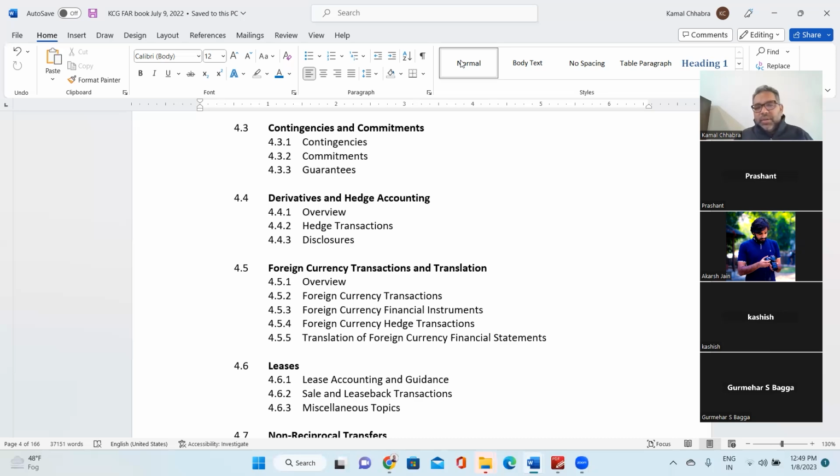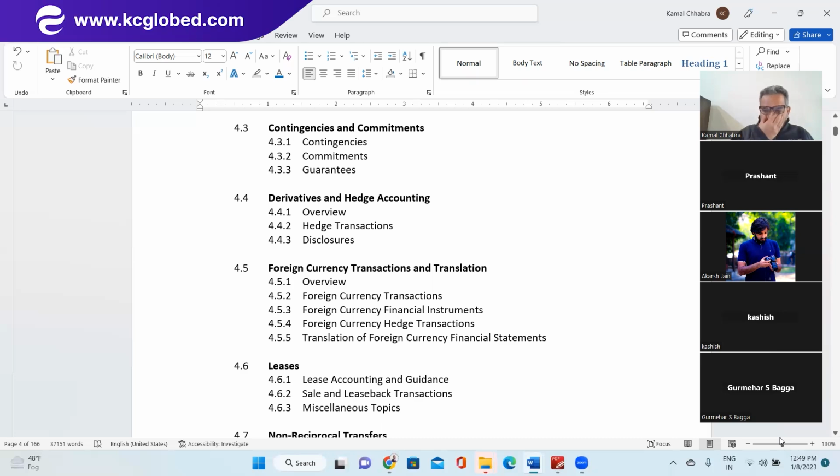Second is commitment. Have you heard about this term before? Commitment. Any idea what is commitment? So when two parties agree upon an agreement to provide goods and services for a consideration.